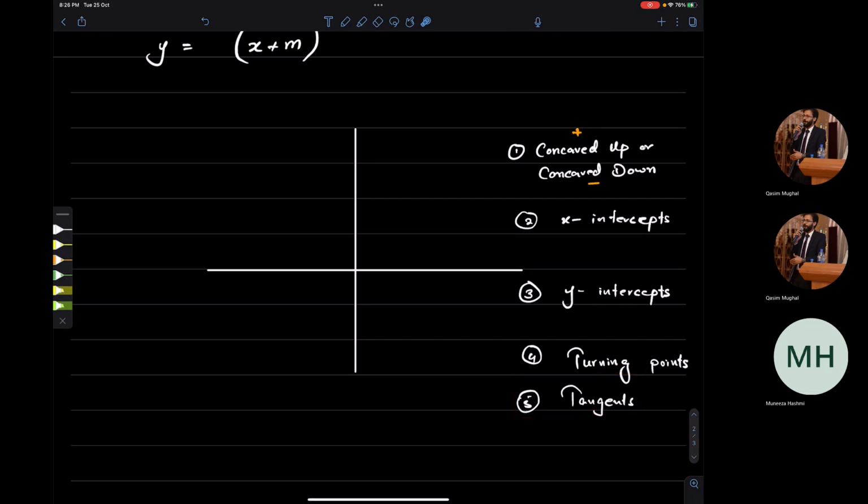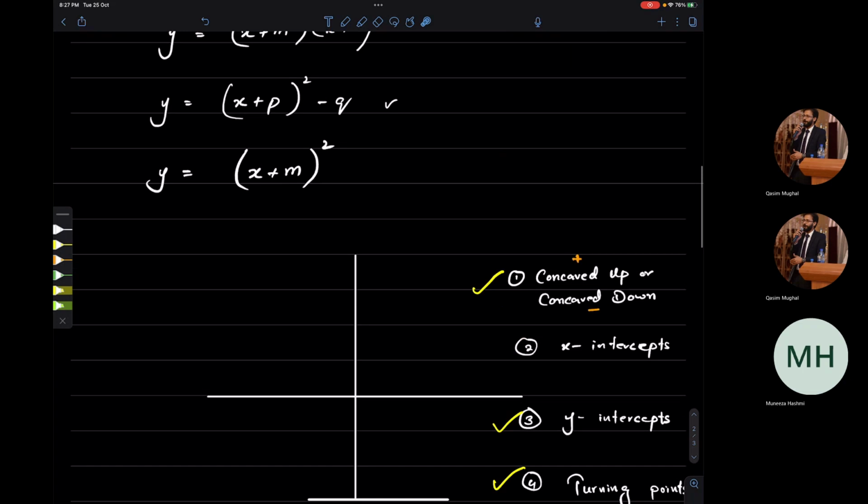You will always have a turning point. You will always have the y-intercept. You will always have the graph either concave up or concave down. The things which I have marked with yellow will always be there. These two things totally depend on the nature of the equation. So let's just begin with the first one.